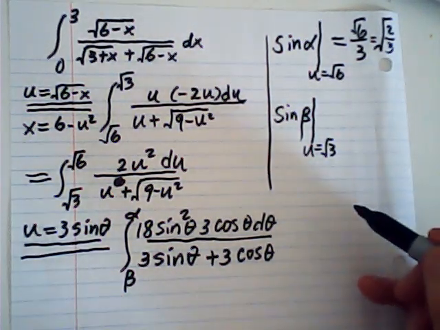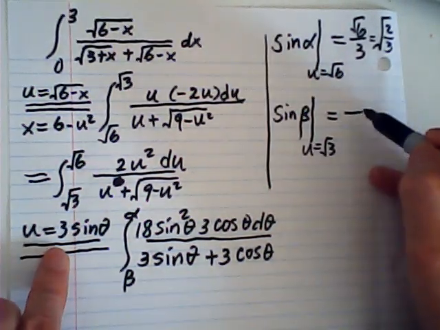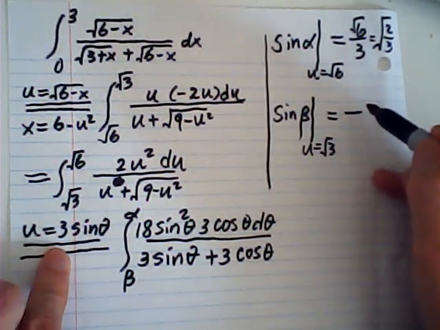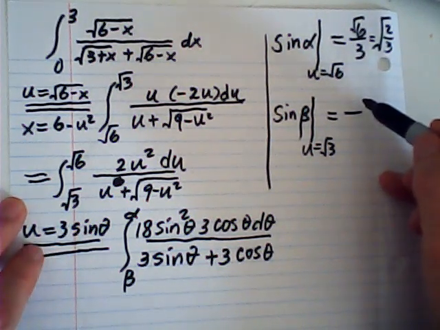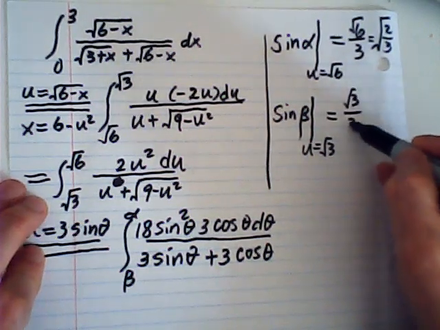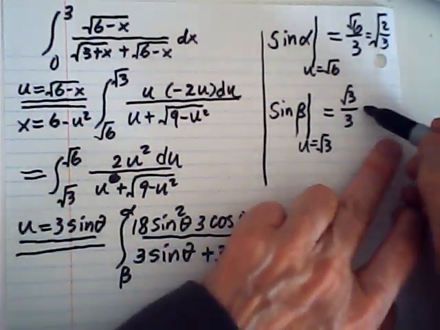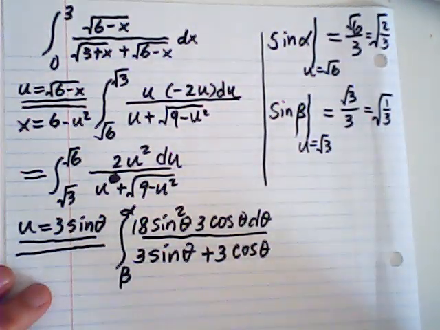According to this, it is root 3 over 3, which is equal to 1 over root 3, right? Good.